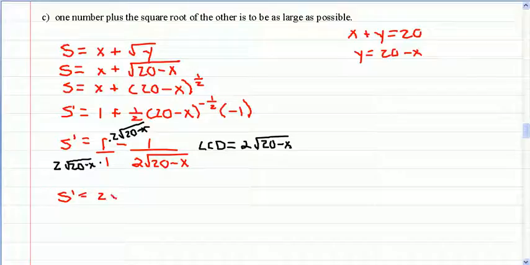So that I have 2 times the square root of 20 minus x minus 1 over 2 times the square root of 20 minus x.